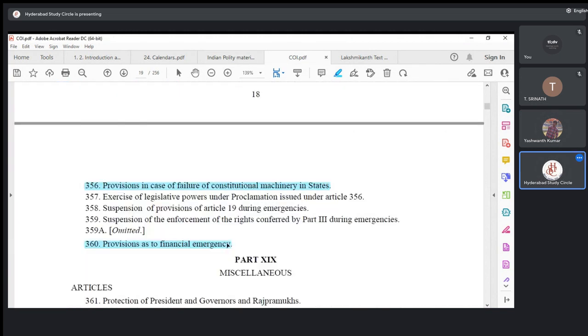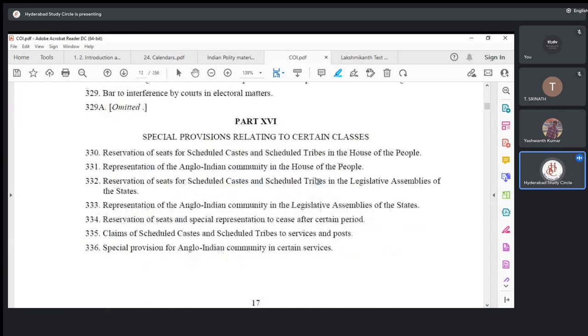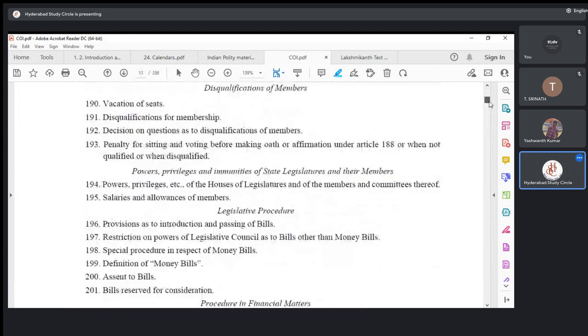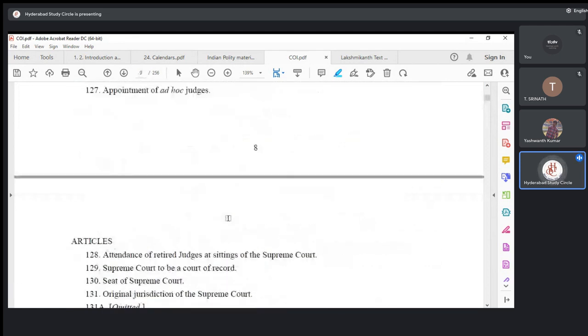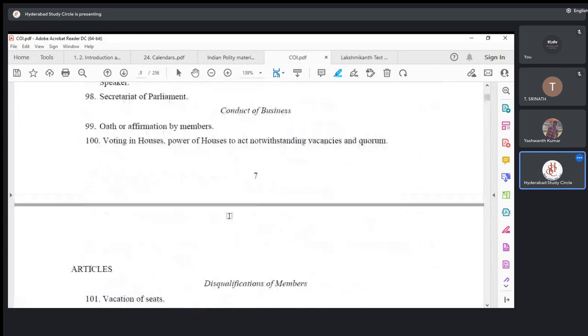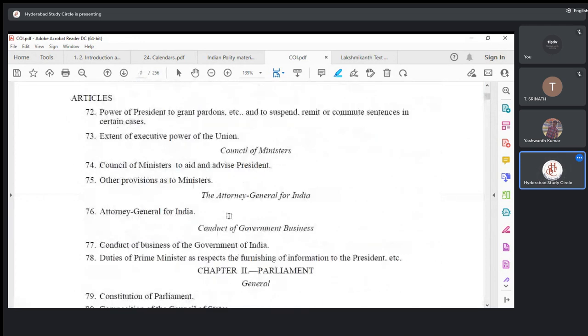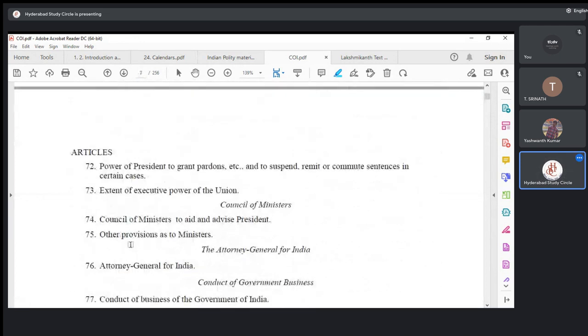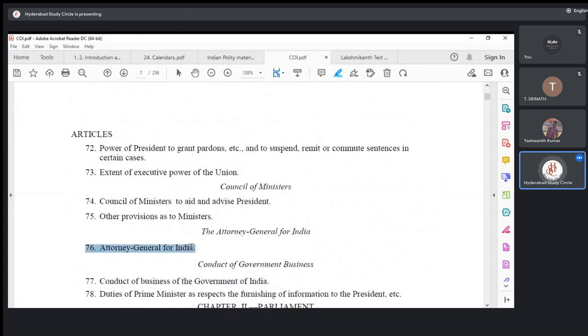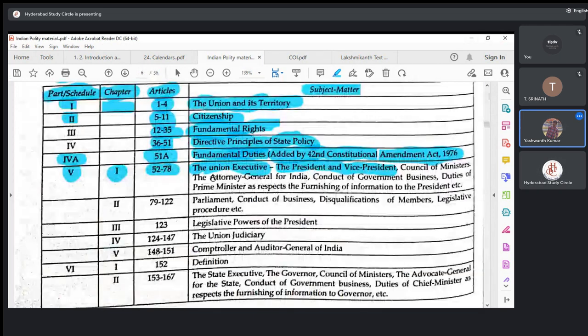Article number 76. Please write it down there. Attorney General, article number 76.